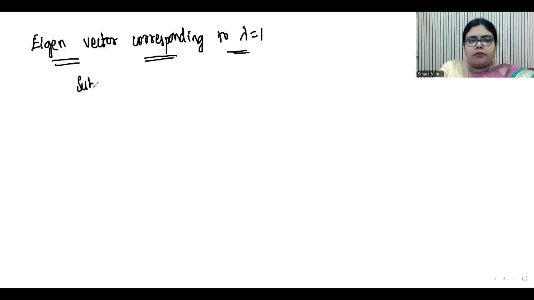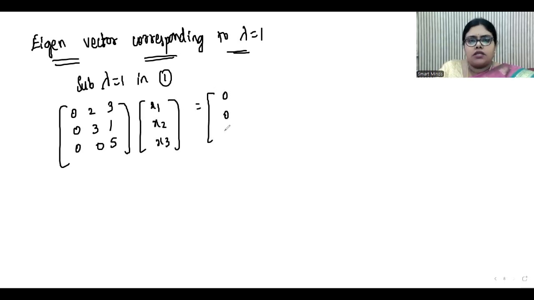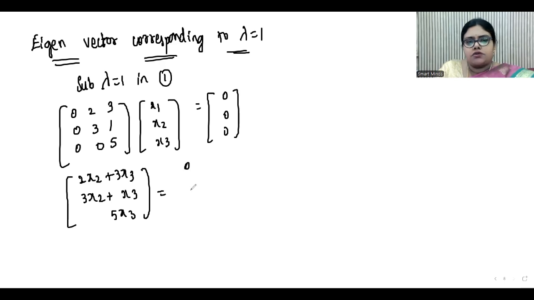If you substitute lambda equals 1 in equation number 1, you will get 0, 2, 3; 0, 3, 1; 0, 0, 5 into x1, x2, x3 equals 0, 0, 0. Now if you multiply these two matrices, you will get 2x2 plus 3x3, 3x2 plus x3, then 5x3, equals 0, 0, 0.